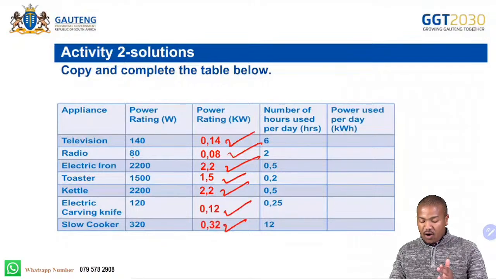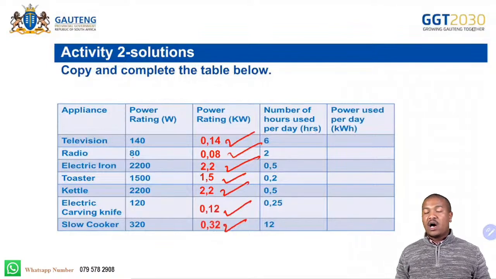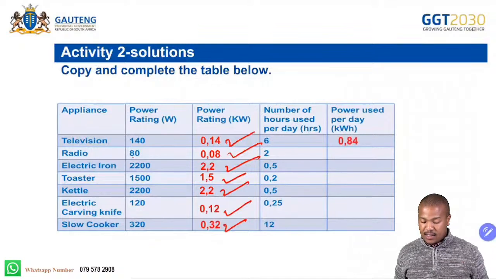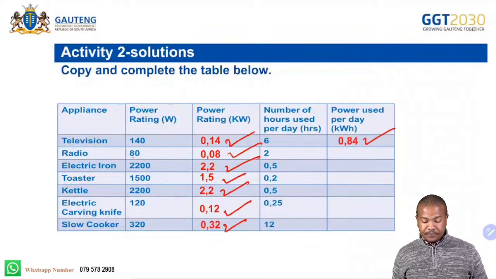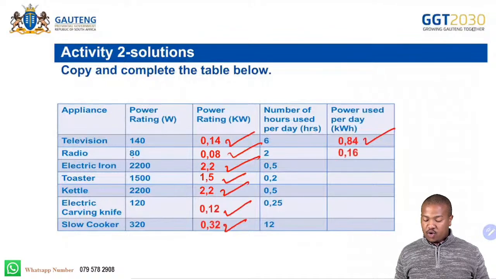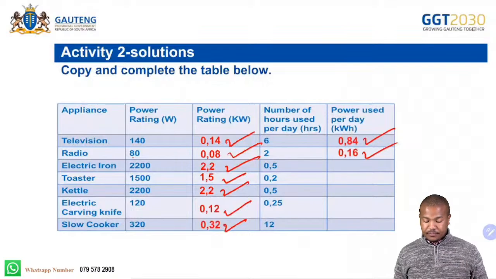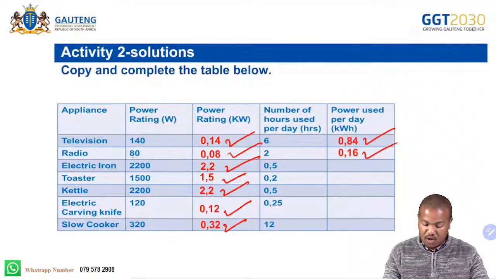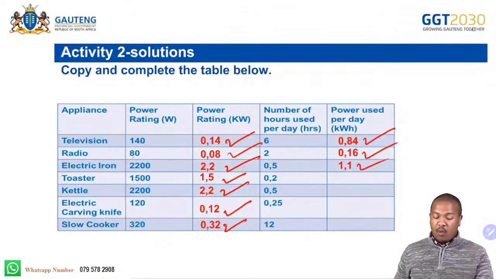Since we have converted all of these into kilowatts, now let's calculate the power used per day, using the number of hours used per day. So 0.14 multiplied by 6 for television is 0.84 kilowatt hour. For radio, it's 0.08 multiplied by 2 to give us 0.16. Then for electric iron, it is 2.2 multiplied by 0.5, which gives us 1.1 kilowatt hour.